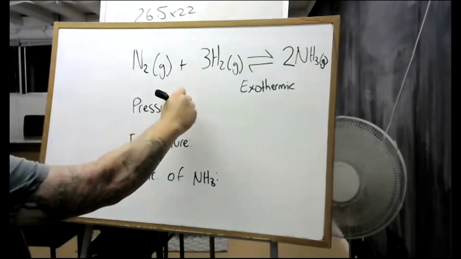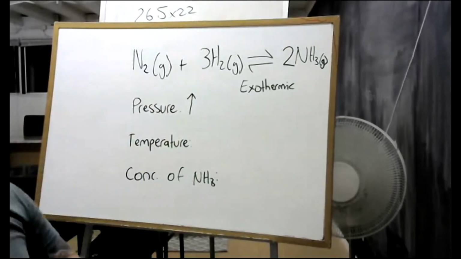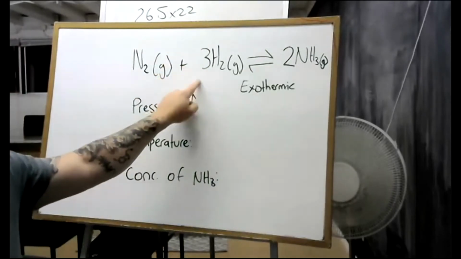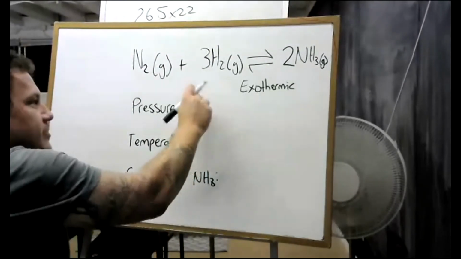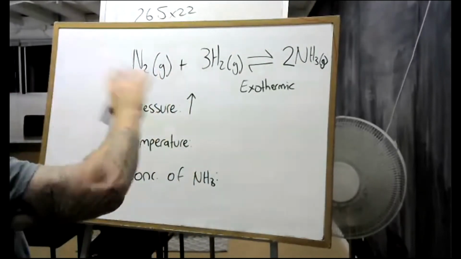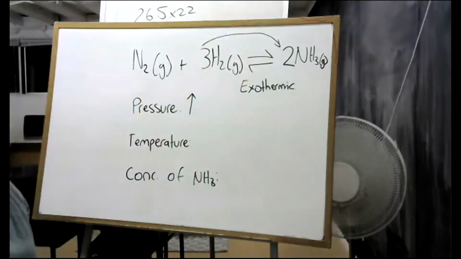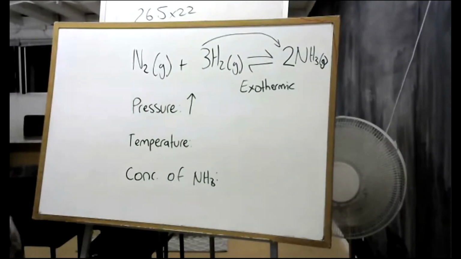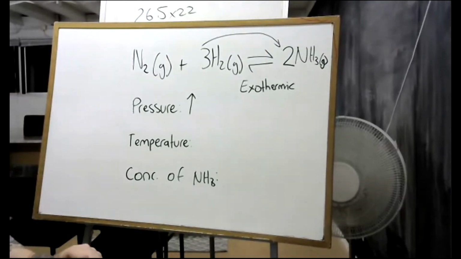If the pressure gets too low, the reaction will favor the reactants, and we do not want that. So we need to monitor the pressure so it stays high enough that the reaction is going forwards. What about temperature? Why would we need to monitor temperature?